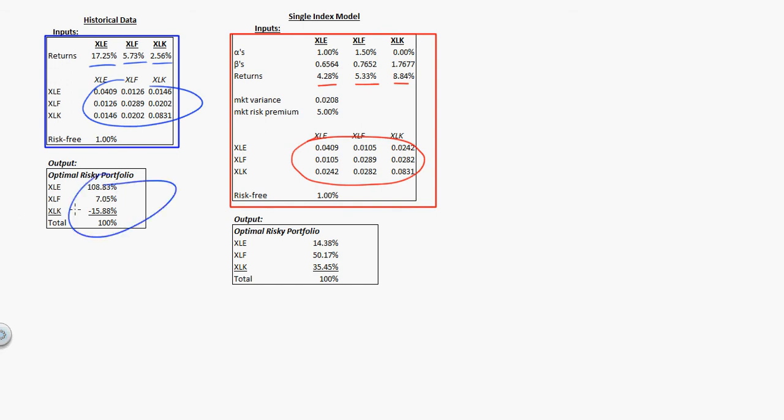It gives you the output. And the output's different only because the inputs are different. So the whole thing about the single index model is to come up with a better estimate of what those inputs should be and plug it into your optimizer, which is a different subject. And exactly how we estimate the betas and the market risk premium is something left for another video.